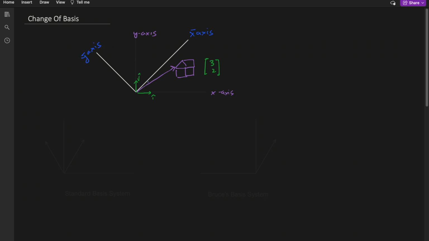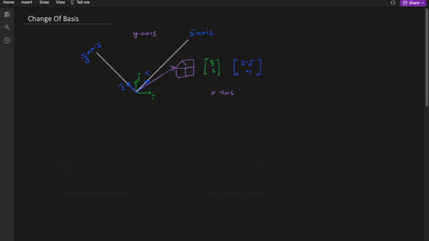Let us suppose this is your new i hat, which I am calling i bar, and this is your new j hat, which I am calling j bar. According to this coordinate system, or this basis set, the coordinates of your house are no more 3 comma 2. It is, I think, somewhere around 2.5 comma minus 1, somewhere around that, right?